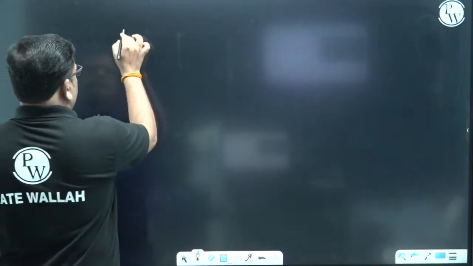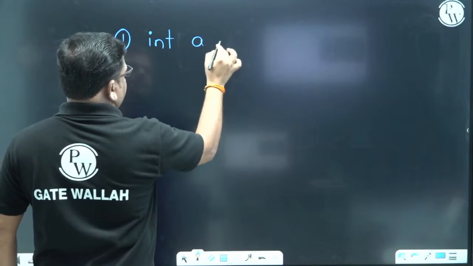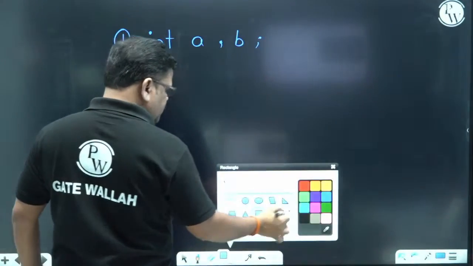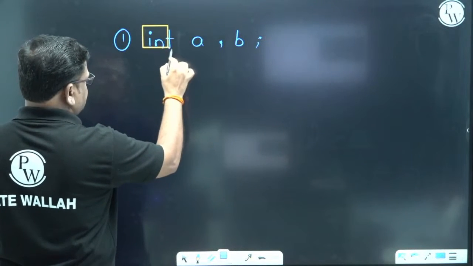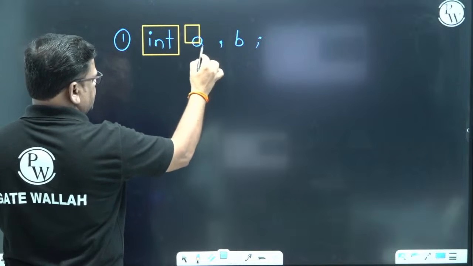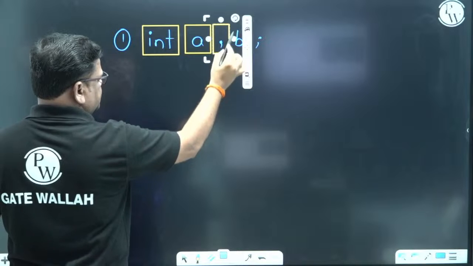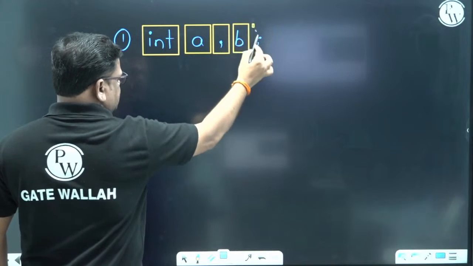So assume we have this one. Our program is int, then an identifier, semicolon, like this. If I give this to the lexical analyzer, first it will read this group of characters and break it into a keyword. This is an identifier. This is a special symbol. This is an identifier. This is a special symbol.